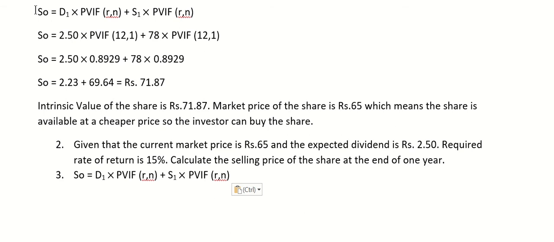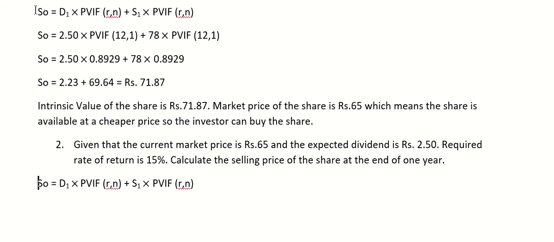S naught, the current market price, is already given to you, that is 65. The dividend is already given to you, that is 2.50, and PVIF R is 15% and time is 1 year. Then this selling price is not given to us, right? Now we will just solve it.